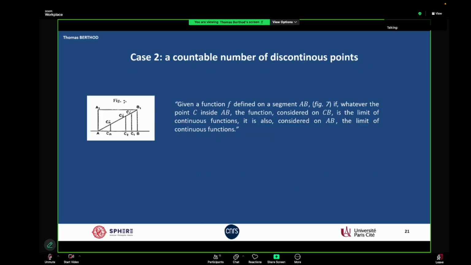If you have this, you could obtain your result just by gluing the definitions on the different trapezia here, because in a trapezium you will have only a finite number of discontinuous points. So you just repeat the previous construction for one discontinuous point, and you will obtain it for a finite number. And here, thanks to that property, you could extend it to a countable number. Okay.